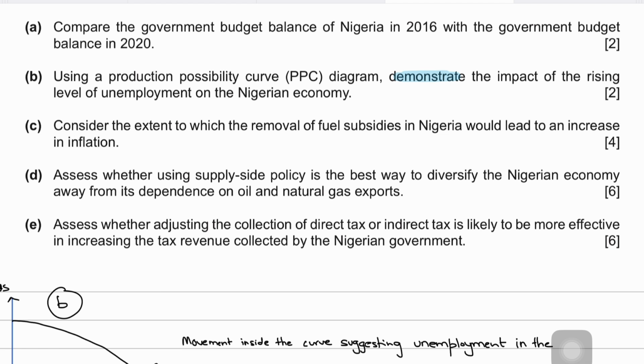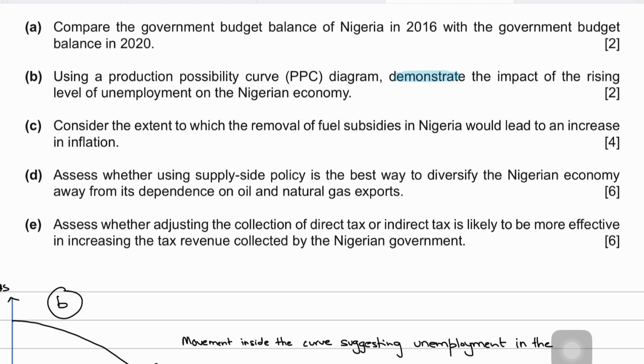And obviously when fuel prices would go up, you need to understand why it would be inflationary, because fuel holds a significant weight in the basket of goods that are used to compute inflation.